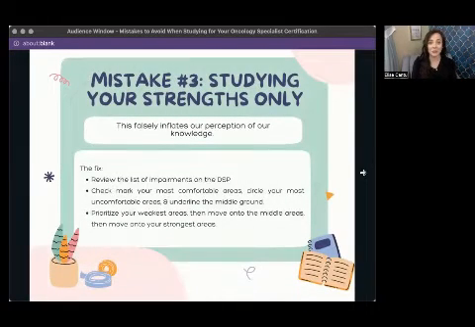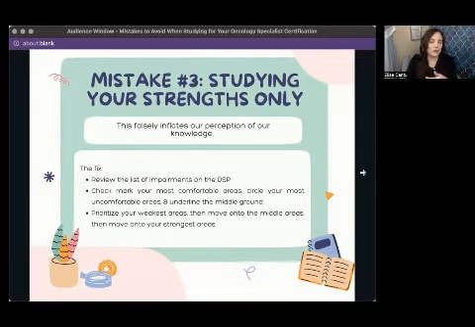Now, mistake number 3, studying your strengths only. This is very tempting. When we study what we're comfortable with or what we're familiar with, it makes us feel good about ourselves, right? Wow, I really feel good about this material. Check, like, oh, expert, I'm on my way, right?